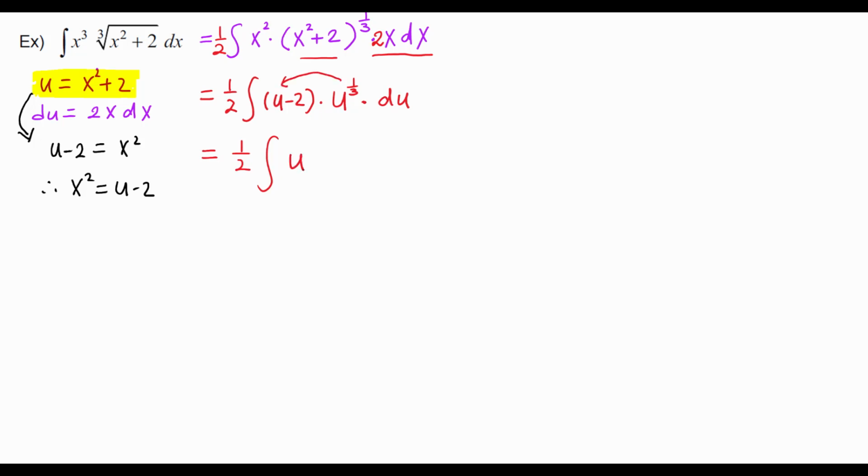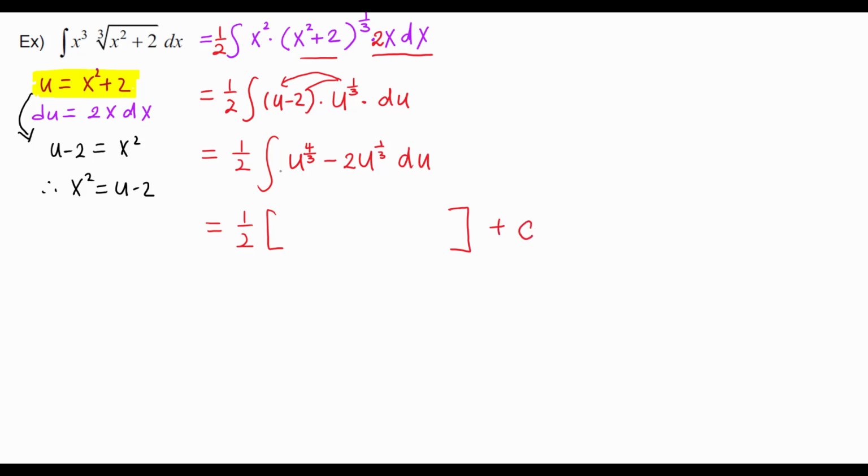I get u times u to the 1/3 power, which is 1 plus 1/3, or 3 over 3 plus 1/3, so you get u to the 4/3 power minus 2 times u to the 1/3 power du. So from here, it's easy integration. I do have a 1/2 multiplied to this whole integral, that's why I'm putting brackets. And then the constant of integration, I just need to add at the end.